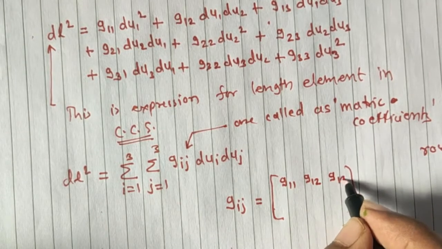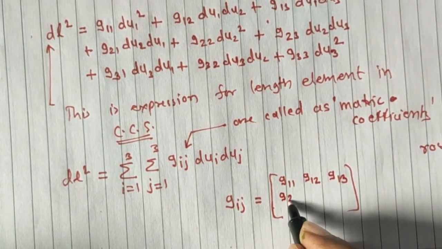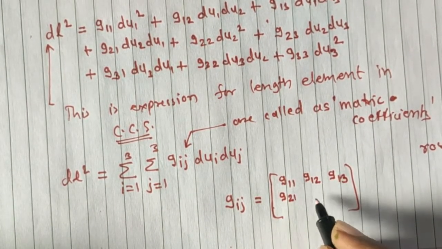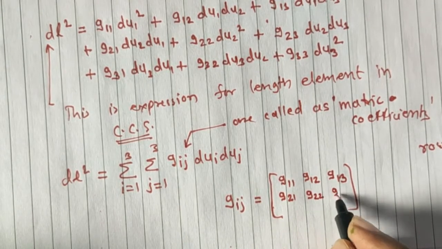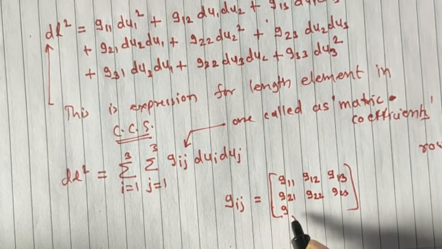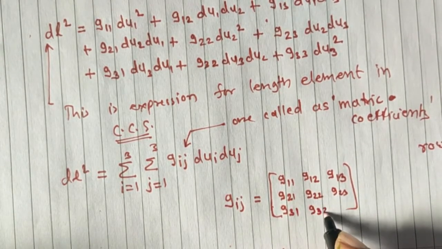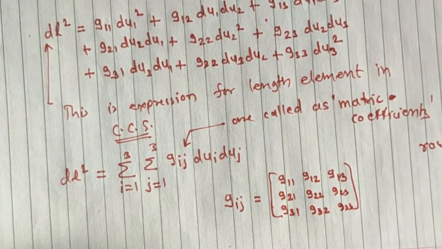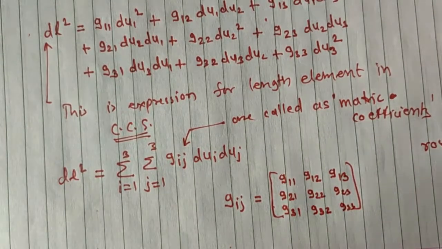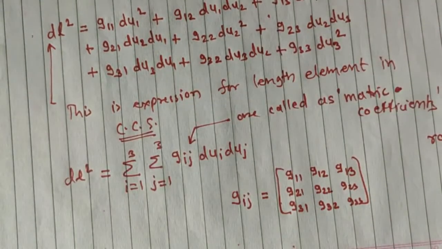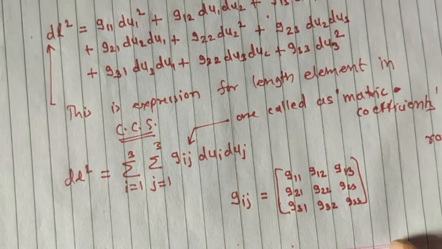So G13, now second row, that means G21, G22, G23, then G31, G32 and G33. So we wrote a matrix for gij.